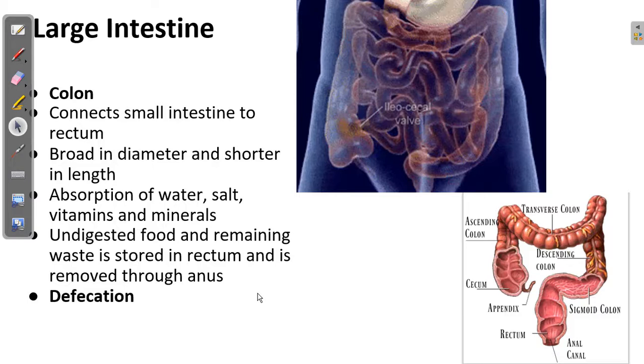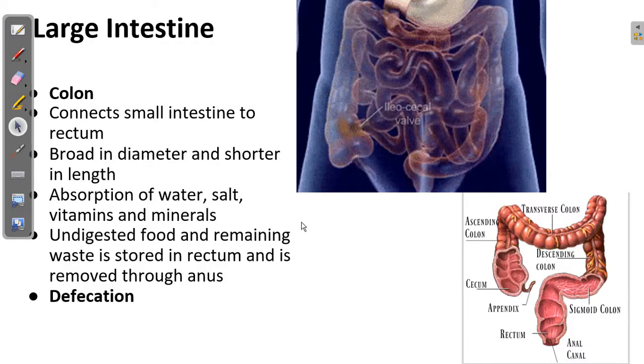It is said that the large intestine consists of three important parts: the ascending colon, transverse colon, and descending colon. The start of the large intestine is known as the cecum.